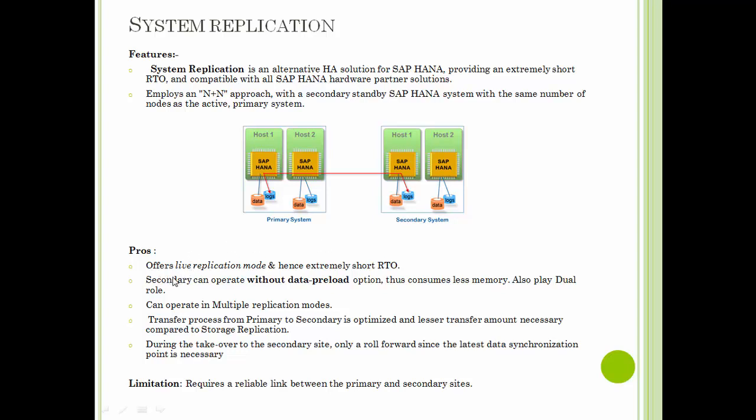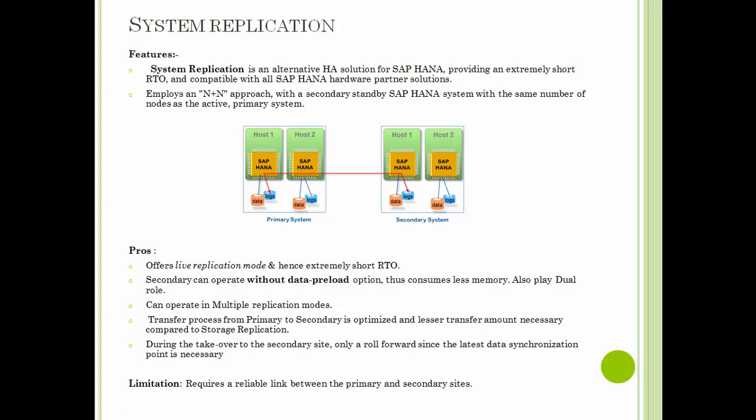And what are the advantages? It offers live replication mode and hence extremely short RTO. And the secondary can operate without the data preload option, thus consuming less memory. There are different replication modes again, as I said: synchronous, asynchronous, synchronous with or without the memory option.